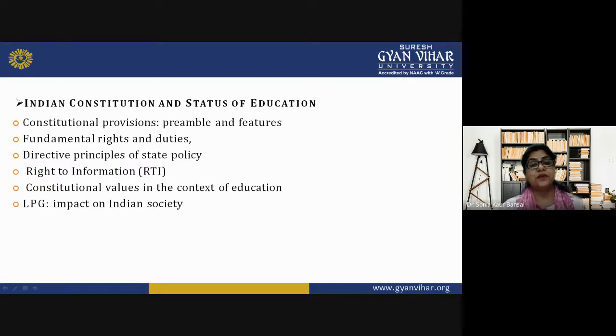So its framers borrowed features of previous legislations such as the Government of India Act 1858, the Indian Councils Acts of 1861, 1892, 1909, and then the Government of India Act 1919 and 1935, and the Independence Act 1947.